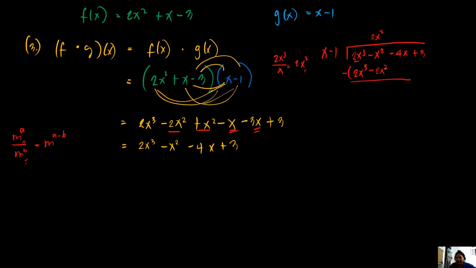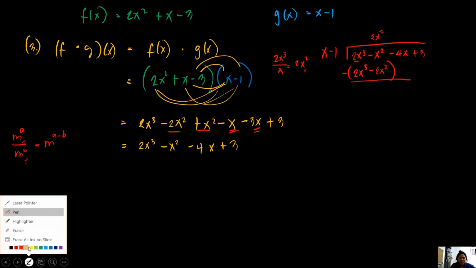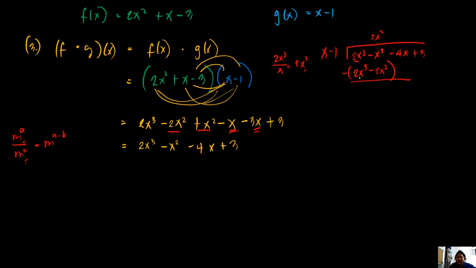Then, let's have subtraction. We're going to distribute the negative sign inside the group. Negative times positive 2x cubed, the answer is negative 2x cubed. Negative times negative 2x squared, the answer is positive 2x squared. So, 2x cubed minus 2x cubed, the answer here is 0, so it cancels out.